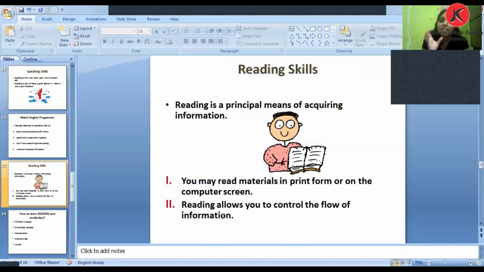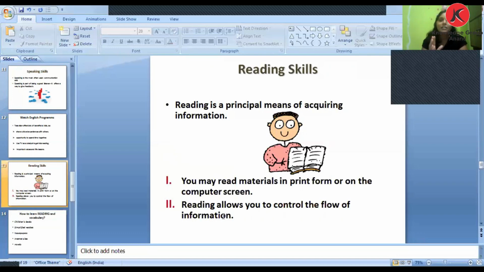But what is the importance of acquiring information? Previously, I gave you the example that if you have lots of knowledge, if you are expert in your subject, but you are unable to express it, what is the meaning of that information and that knowledge? So reading skill comes last, right?